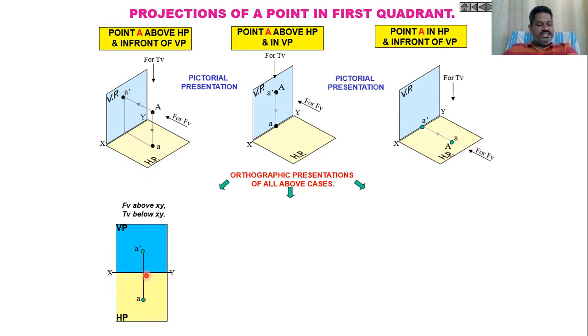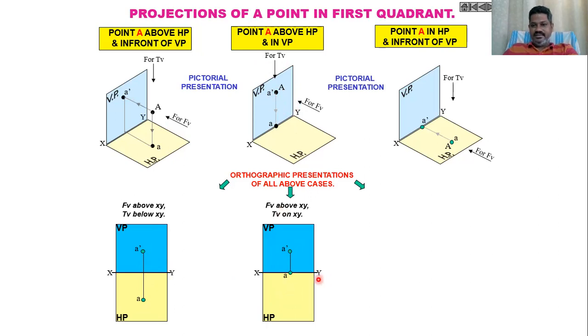So in this case, when the point is in front of VP and above HP, the front view lies above the XY line and the top view lies below the XY line. Similarly, when the point is above HP and lies on VP, the front view lies above the XY line and the top view lies on the XY line.